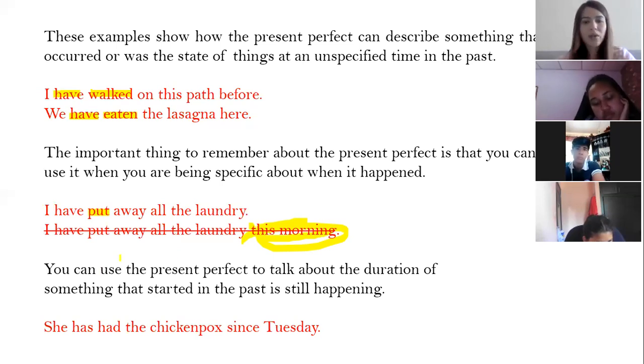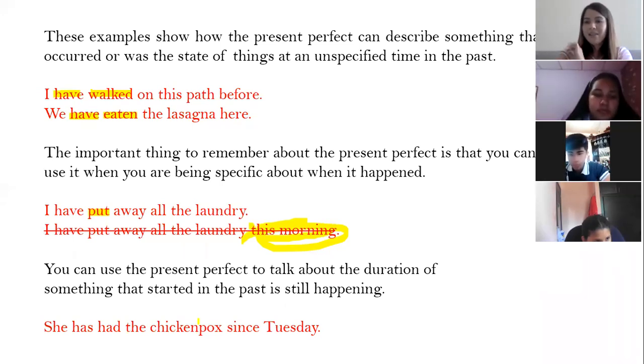You can use the present perfect to talk about the duration of something that started in the past and is still happening. También lo pueden utilizar para hablar sobre la duración de algo que ha comenzado en el pasado y continúa ocurriendo y continúa pasando. She has had the chickenpox since Tuesday. She has had. Ella ha tenido. Chickenpox, ¿saben qué es chickenpox?